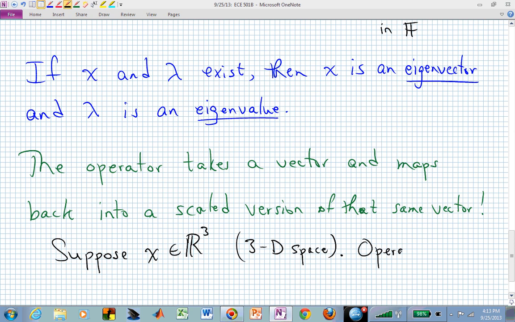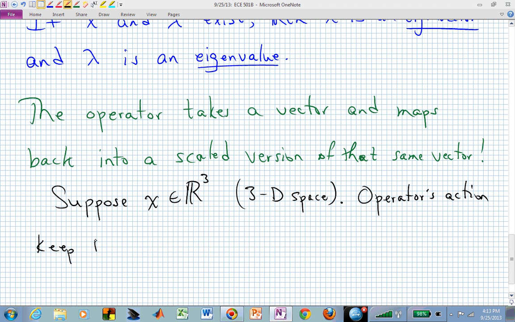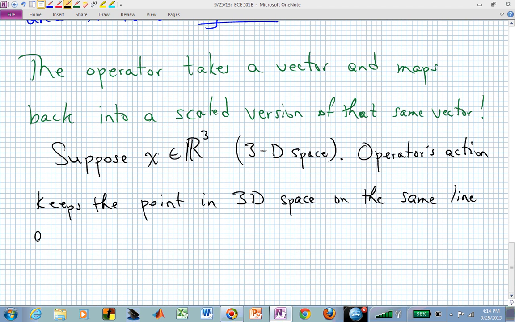Then the operator's action keeps the point in 3D space on the same line as it started.